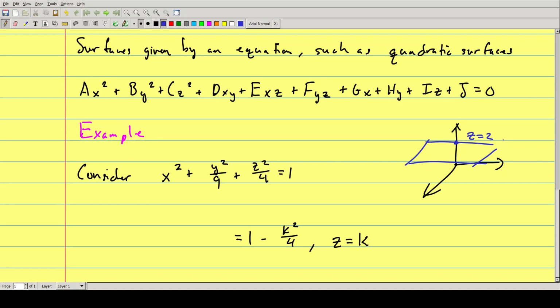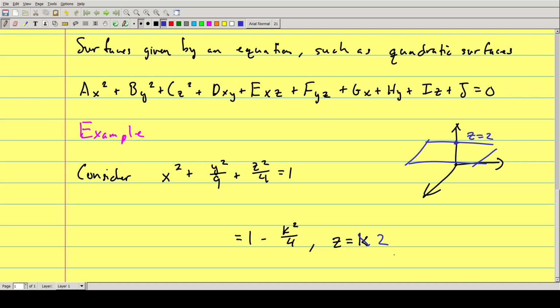Okay, I'm just going to pick a value for z and set z equal to 2. And then I will look at the equation with z equal to 2. What I can do is I can then graph what that would look like.